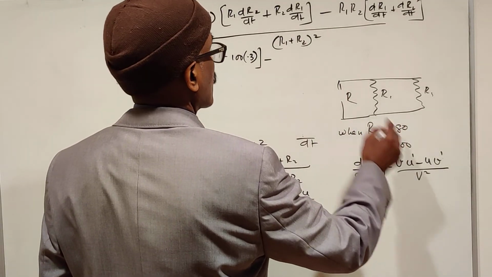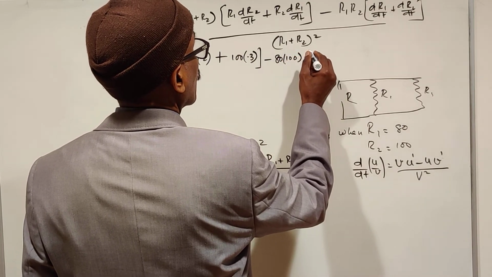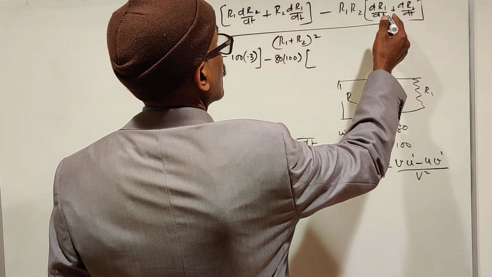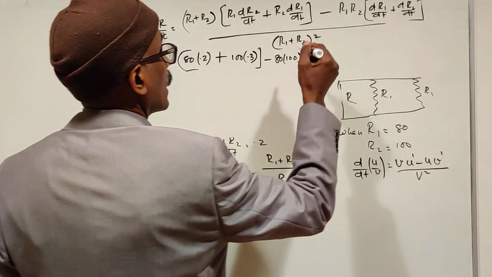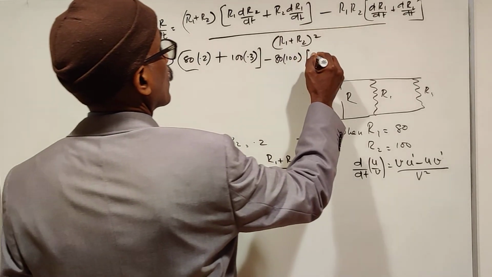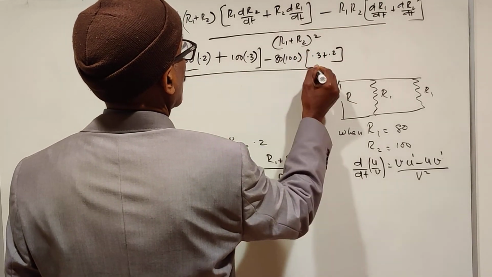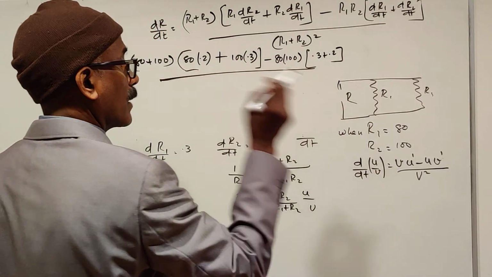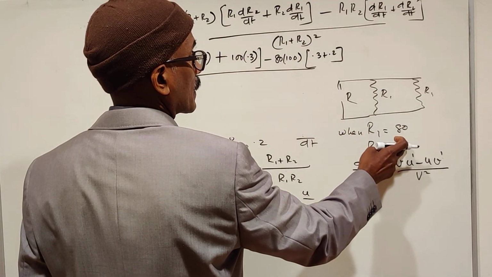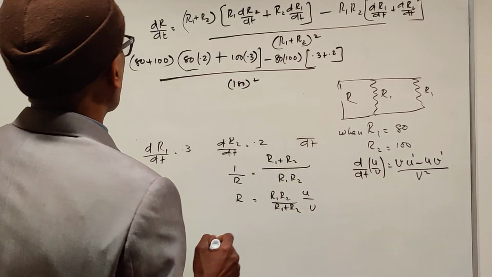Then minus R1 into R2, 80 times 100, times dR1 by dt plus dR2 by dt, that is 0.3 plus 0.2, all divided by R1 plus R2, that is 80 plus 100, 180 the whole square. Now simplify.